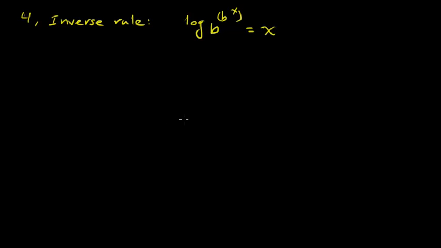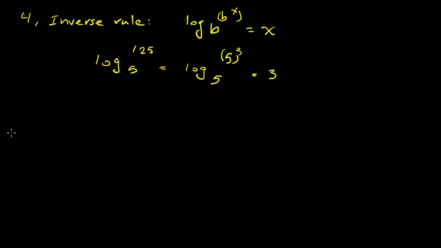This means that if you take the log of an exponential function with the same base, you get back to where you started. So, for instance, log 5 of 125 equals log 5 of 5 to the third power, which equals 3.